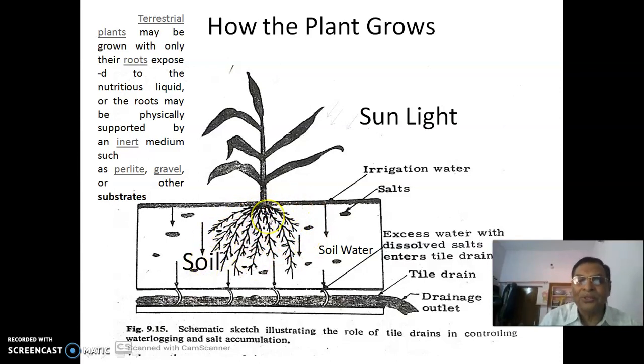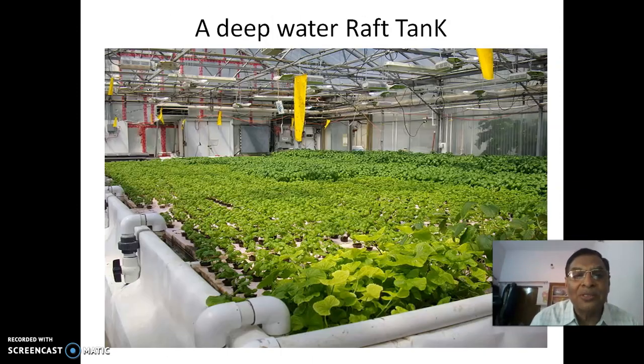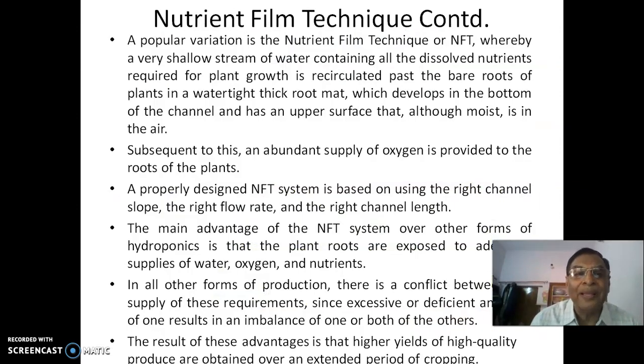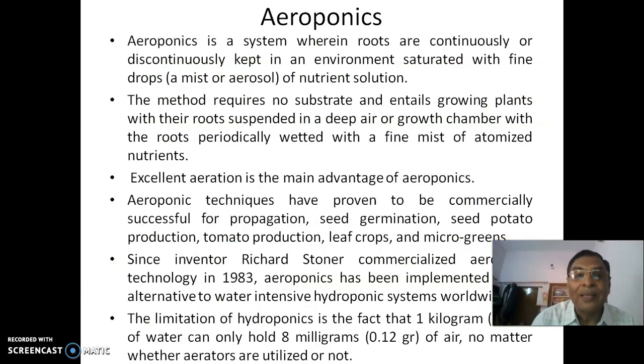Only the roots will be hanging in the air, and to those roots we are simply spraying a mist-like environment. But that mist contains nutrients. So this is basically the concept.